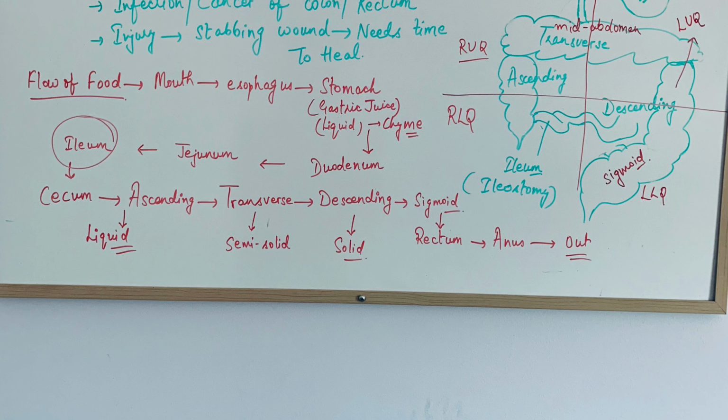If the colostomy is in the sigmoid colon, then it's in the left lower quadrant, and ileostomy is in the right lower quadrant. By this picture you can make up in your mind that yes, this ileostomy is in this part. So it's an easy way to understand colostomy and ileostomy.